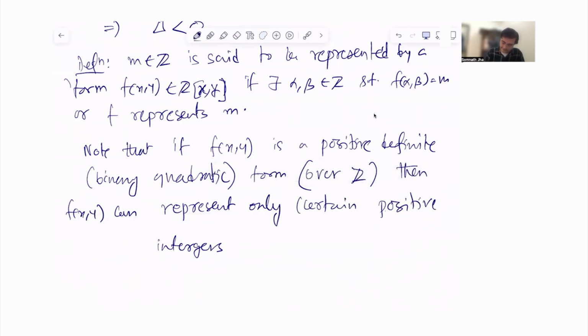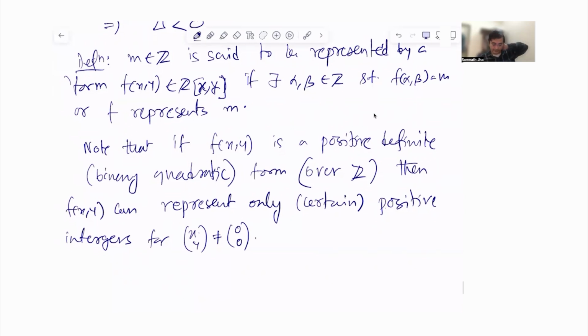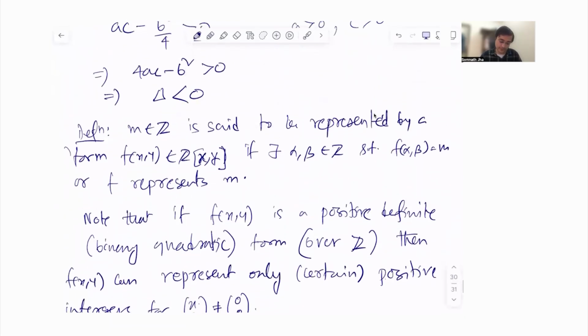It's not clear which positive integers it will represent. So it cannot represent any negative integers, and it cannot even represent 0 for (x,y) not equal to (0,0) integers. Because it is a homogeneous polynomial, it will obviously represent 0, but if it is a positive definite form, then it can only represent positive integers otherwise.